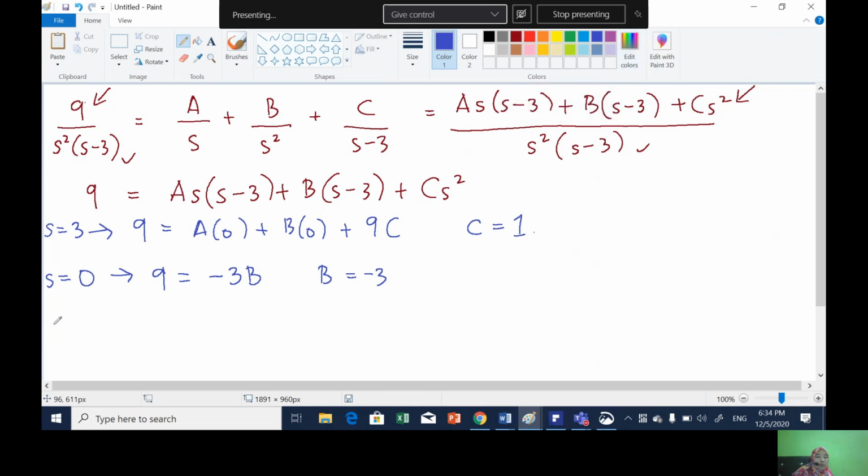Okay, so next substitution, let's choose a very simple number. We have tried 0, so let's look at 1.